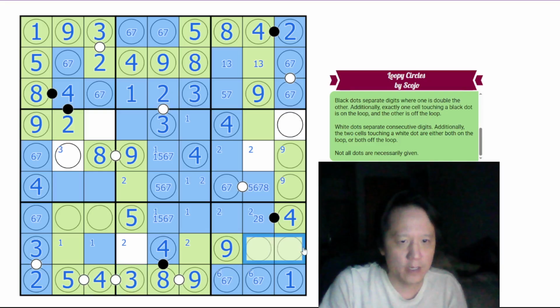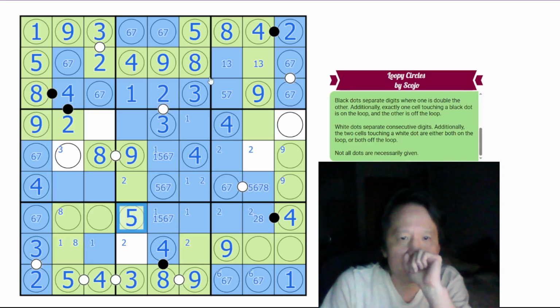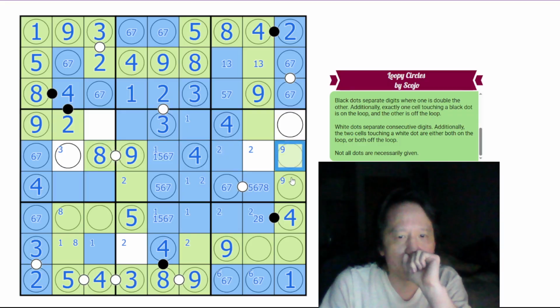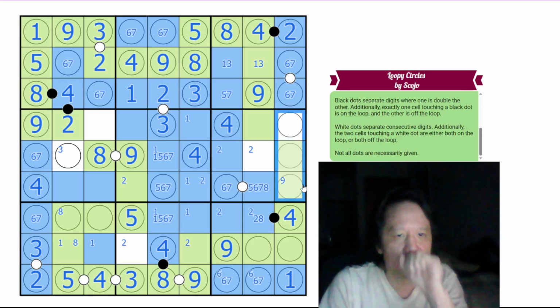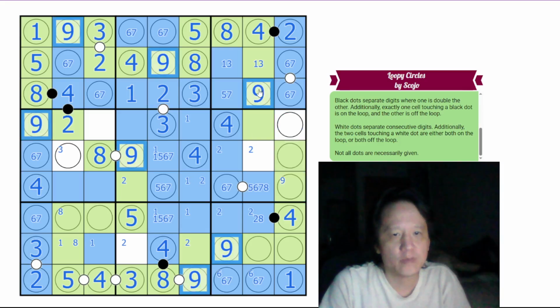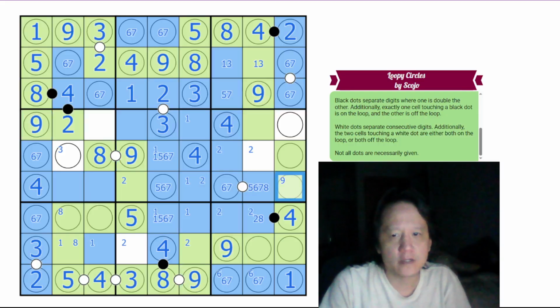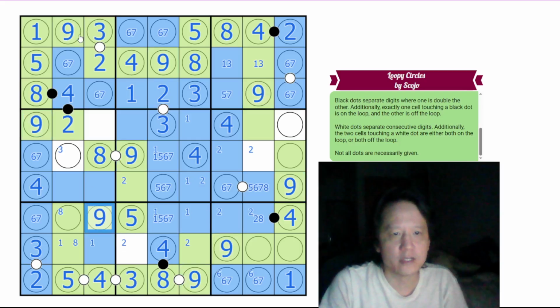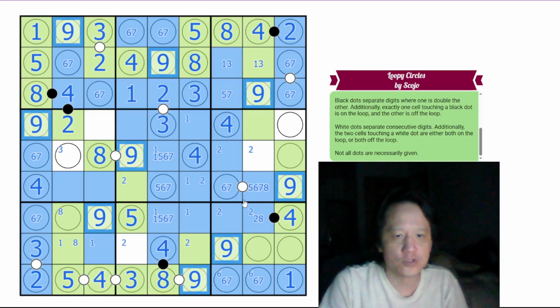We need, well, 8 doesn't have to be here. 8 is one of these 2 digits there. This cannot be 9. So where is the 9 then in column 9? It has to be here. Which leaves, this has to be a 9 because that's the only place for it in just normal Sudoku.